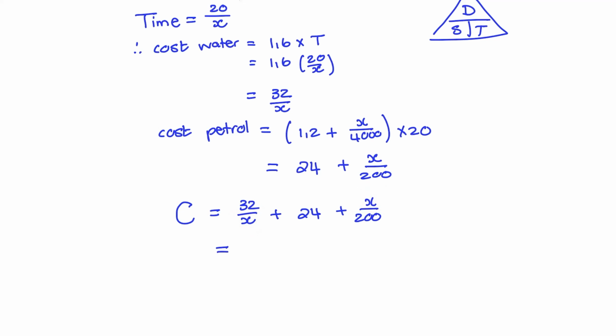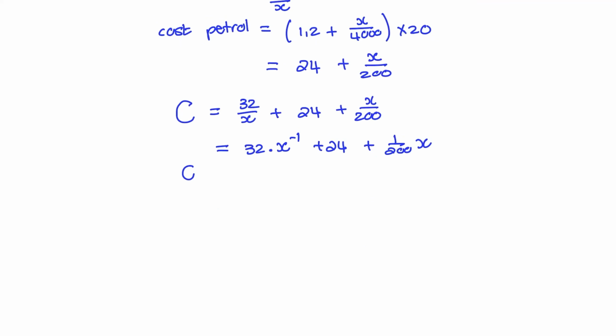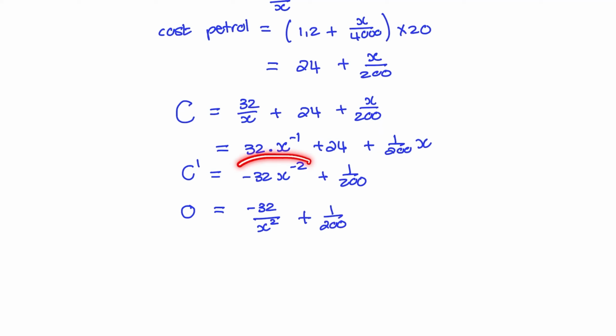If I rewrite this cost expression, I have 32 times x to the power of -1 plus 24 plus 1 over 200 x. The first derivative would be negative 32 x to the power of -2 plus 1 over 200. So cost will be a minimum where the first derivative is equal to 0. I'll rewrite the first term as -32 over x squared.